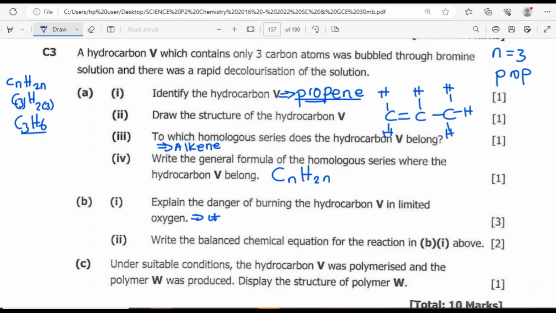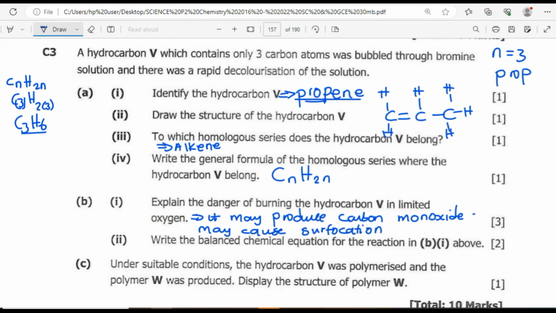So it may produce carbon monoxide. Whenever we have insufficient oxygen, we have carbon monoxide. Then carbon monoxide may cause suffocation to humans.